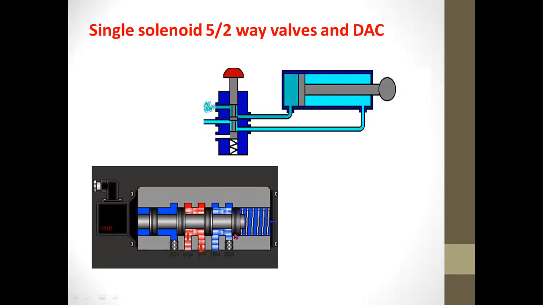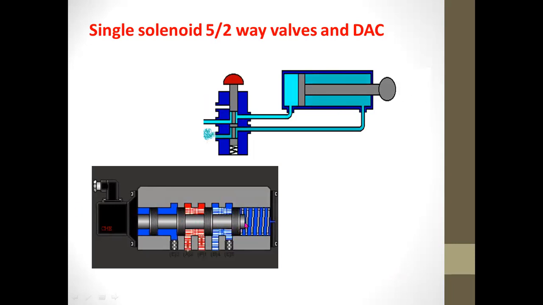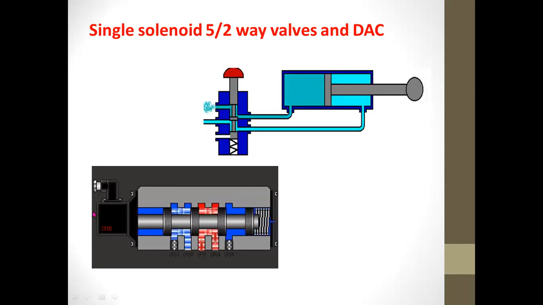Once it moves, it allows the air to flow in this direction, making the cylinder extend. And then once you turn off the supply, the spring, this one, pushes the plunger back to its initial position.